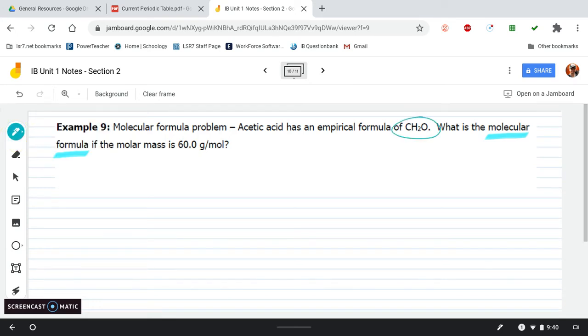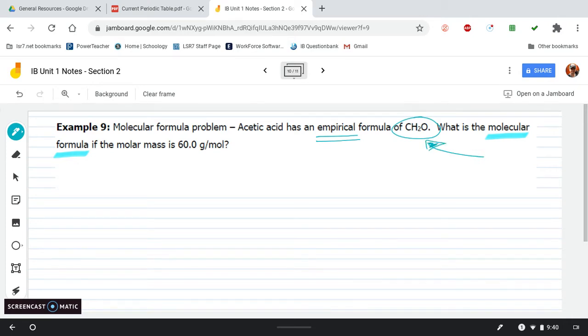In this case, they gave it to you and they said, okay, there's the empirical, the reduced version of this particular chemical. What is the bigger version? What is the times 2, times 3, times 4, times 5, times 6? Where's the bigger version? And so this is the empirical. If you don't have it, you have to find it, but you have it.